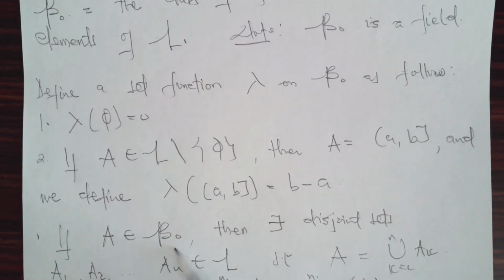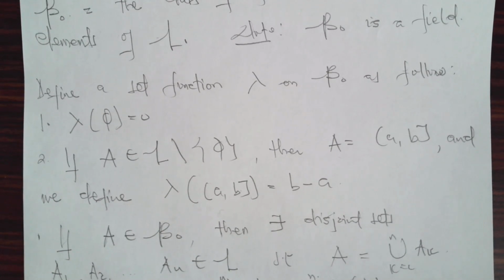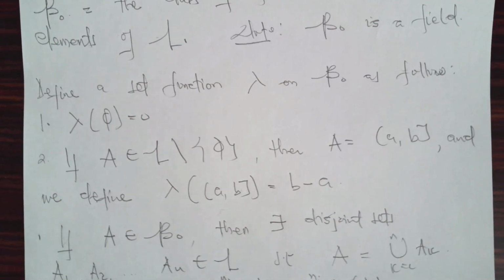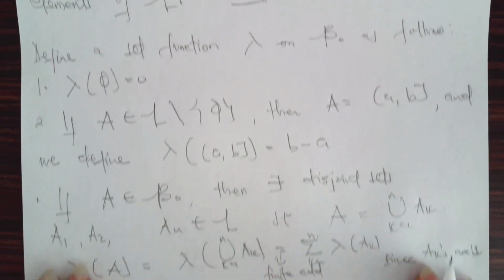Now let's go to beta naught. Note beta naught is the finite union of disjoint elements of L. So if A belongs to beta naught, then you can write A as the finite union of some A_k, whereby each A_k belongs to L, and define the Lebesgue measure on it.